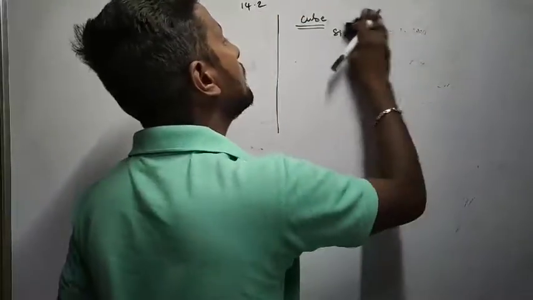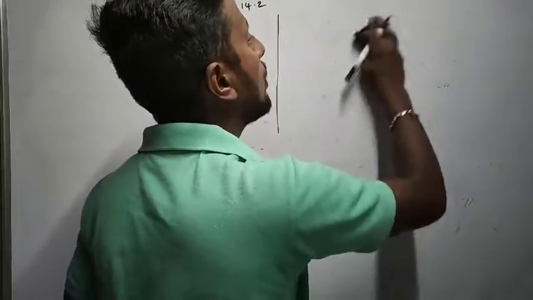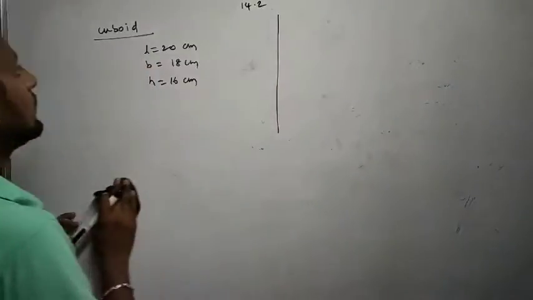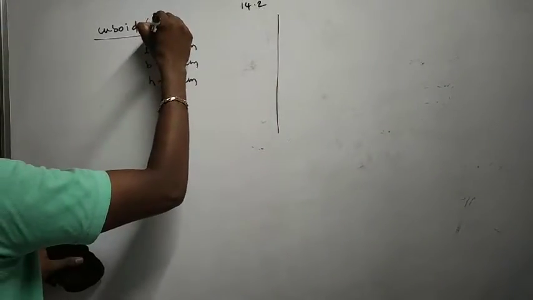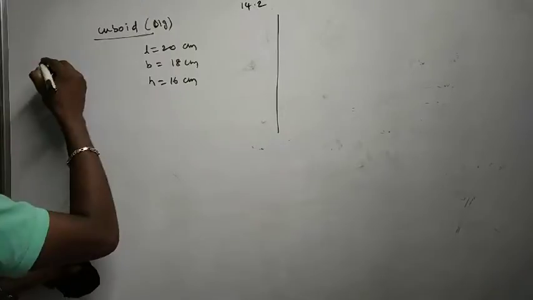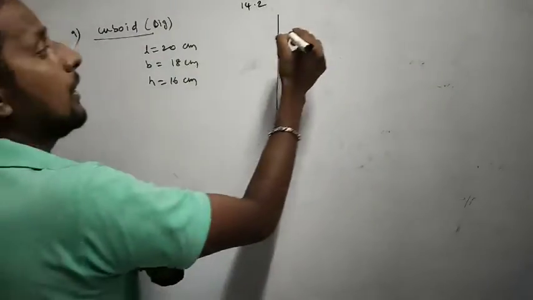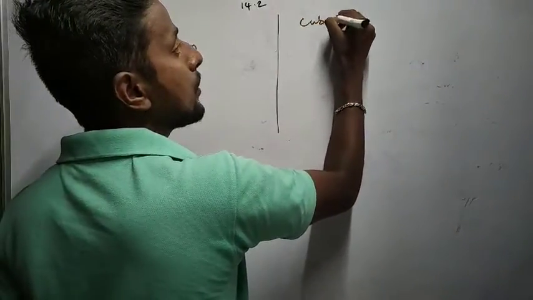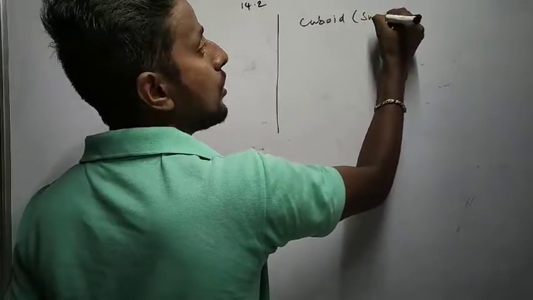Now he is asking about two cuboids. One is larger, one is small. Simple. Cuboid, I'll mention big. It's the ninth question, beta. And here I'll mention cuboid small.